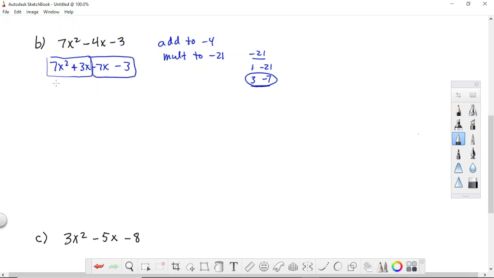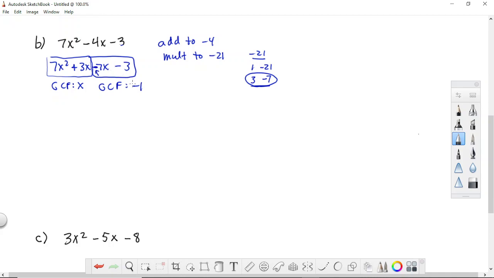boxes here. First one, GCF, is x. Can't take a number out, just take out the x. And here, the greatest common factor is just negative 1. Okay? If we did not take out the negative, we would end up with the wrong sign. If you look at this, there's a negative here. See where I'm right here?